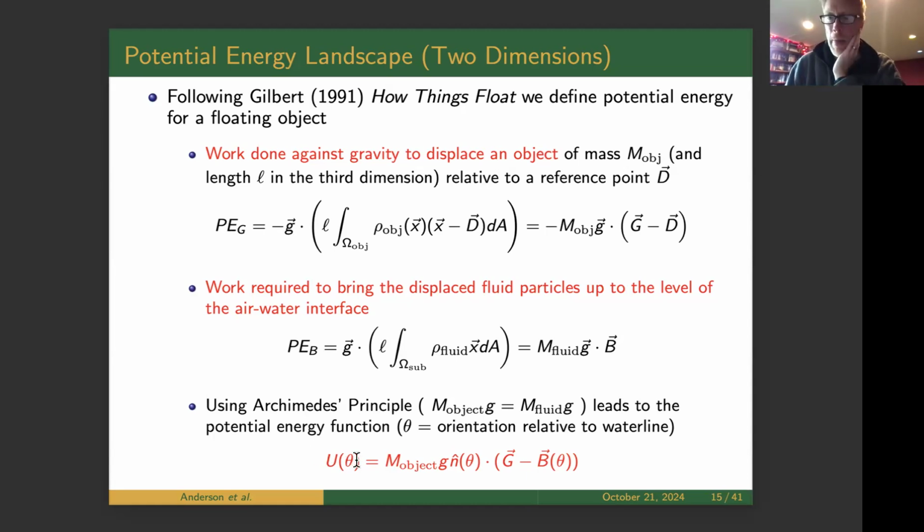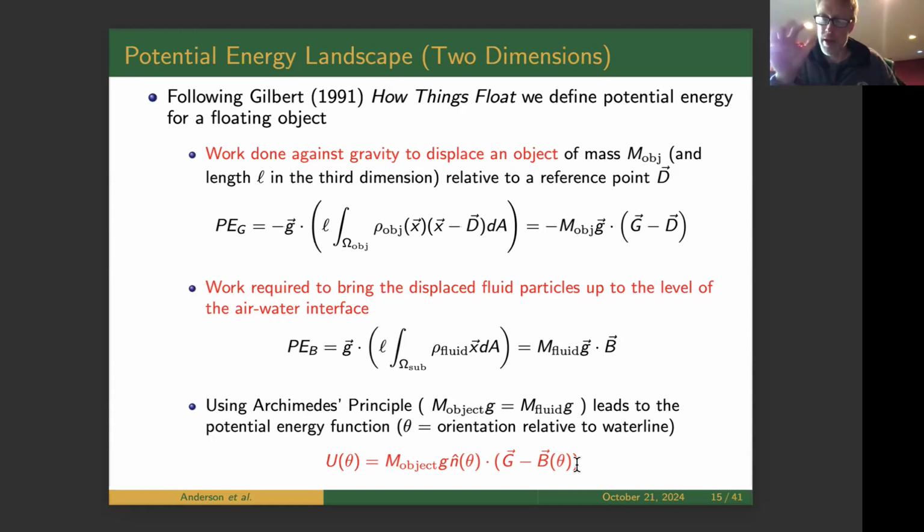So there's a reference shift here that doesn't matter in terms of identifying the minima. So that D is just a fixed reference point. So the things you need to compute that potential energy are the center of gravity of the object, which you could pre-compute because you know the shape, and then the center of buoyancy, which depends on where it's floating.